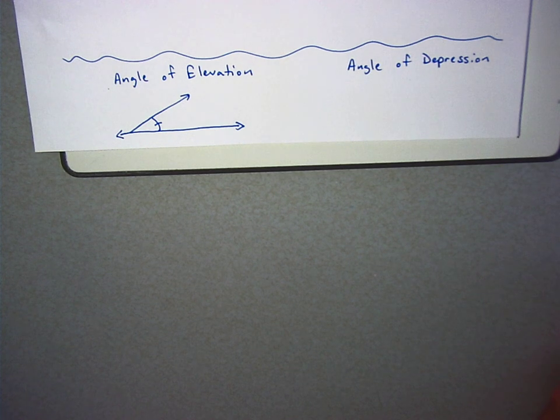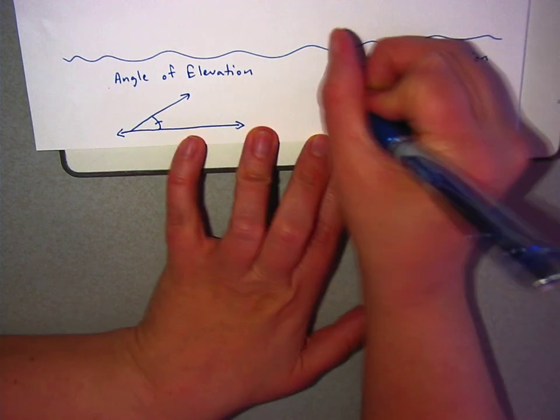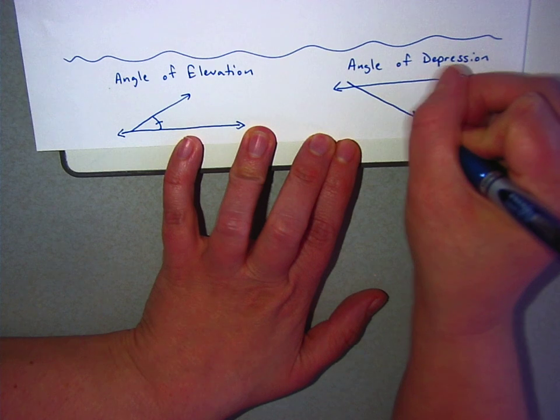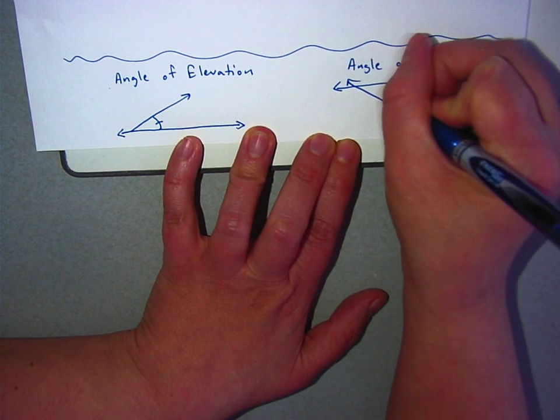All right, we're gonna try again. Again, straight arm out. Straight arm next to it. This time, one is going down. This is an angle of depression. One stays horizontal. The one going down, this is the angle of depression. So an angle of depression looks like this. It has a flat line like that, and then an angle going down.